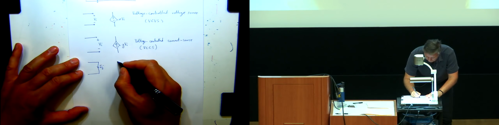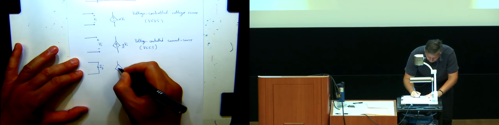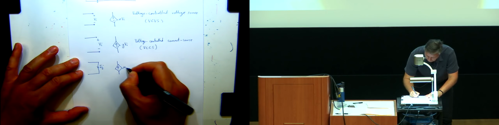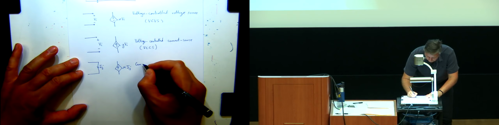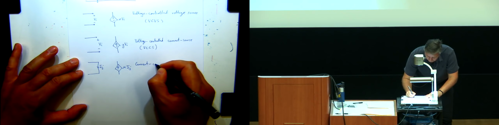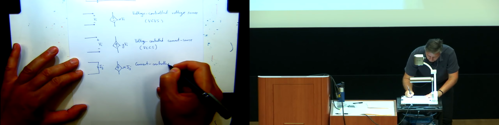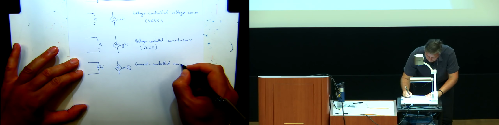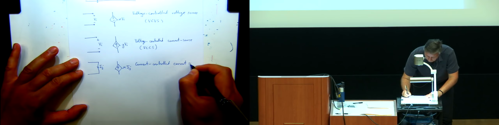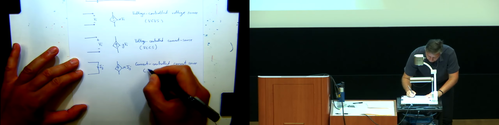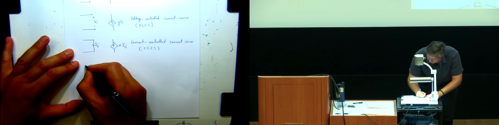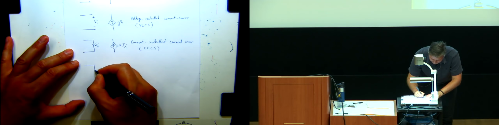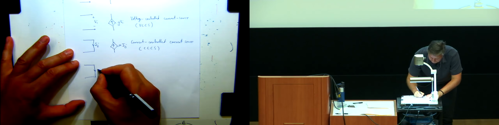And then we have IJ, alpha IJ. So this is current controlled current source. And any guess? We're saving the best for last.